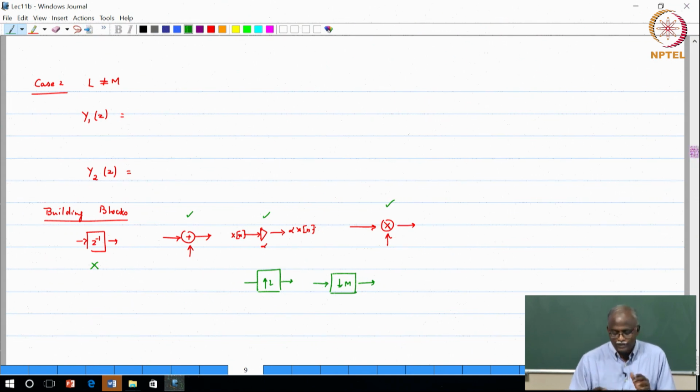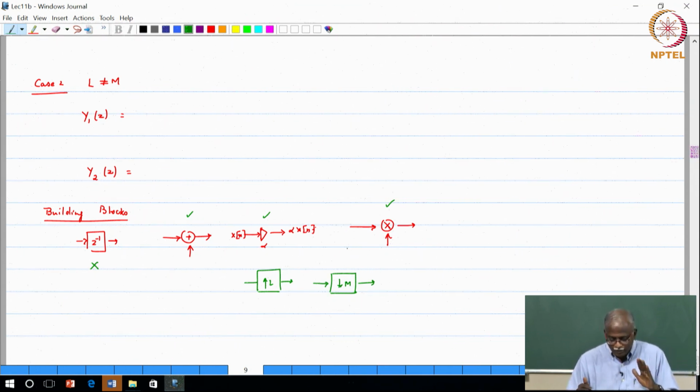So, for us the interconnection of these building blocks with the multi-rate blocks will just sort of show that all of the properties that you have with these three blocks carry forward into the multi-rate domain. Basically, addition means linearity. Scaling again refers to linearity, and multiplication is a memoryless operation which you can do in the presence of multi-rate blocks as well.